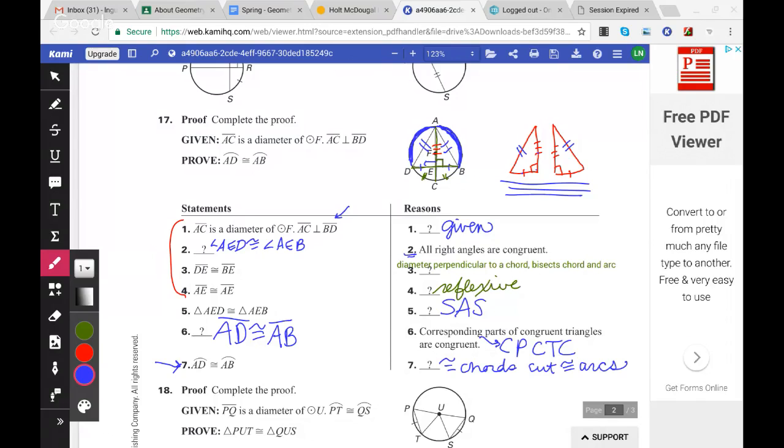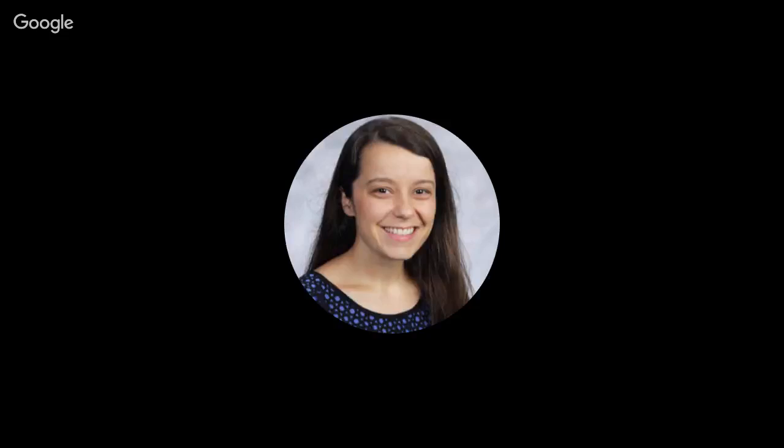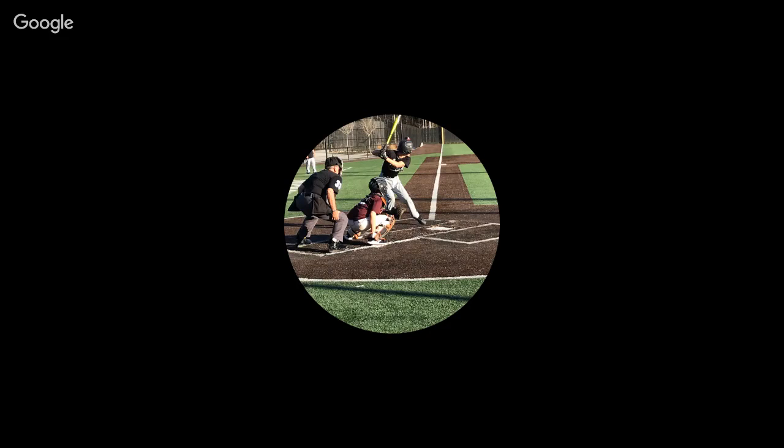Go back and see if it makes better sense once you look back at the picture and the steps we did. Okay. I'll try 18, and then if I need your help, I'll let you know. Okie dokie.